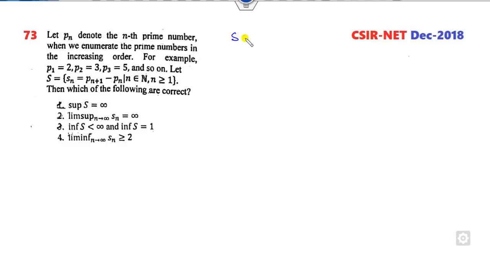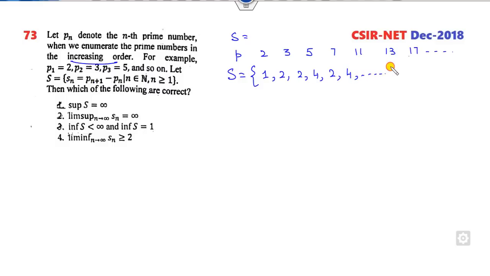Okay. p n is the prime numbers in increasing order, s n is here. So what are the prime numbers? 2, 3, 5, 7, 11, 13, 17 and so on. So you can define this set as the consecutive differences 1, 2, 2, 4, 2, 4 and so on.